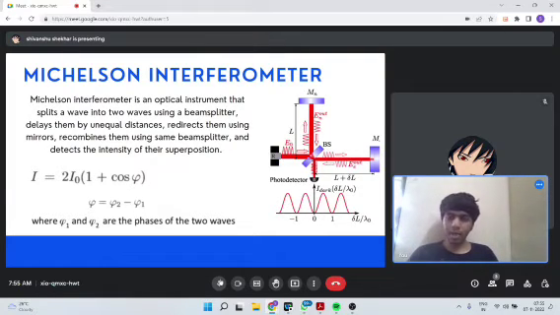As it is rightly mentioned here, the process involved is: an optical instrument that splits a wave into two ways using a beam splitter, delays them by unequal distances or unequal optical paths, and then redirects them using mirrors. It recombines them using the same beam splitter, and then it detects the intensity of the superposition. As you can see at the bottom, there is a photodetector which will be seeing the intensity pattern and how the interference is taking place.